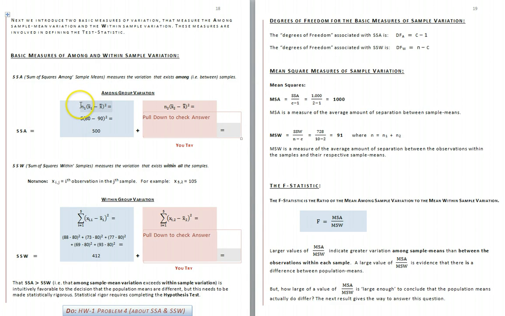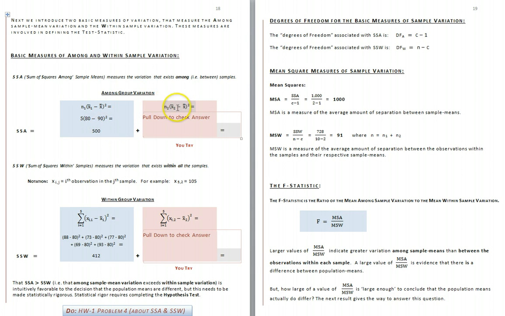So, to start the calculation, there are 5 observations in the first sample. The first sample mean was 80. The grand mean was 90. 80 minus 90 squared: 80 minus 90 is minus 10, squared is 100, times 5 is 500.